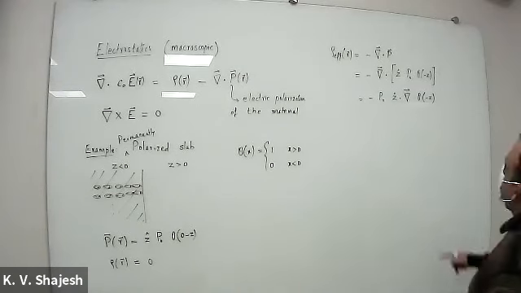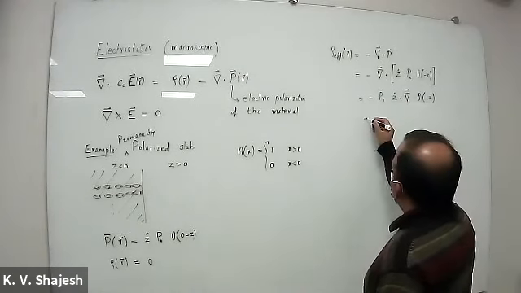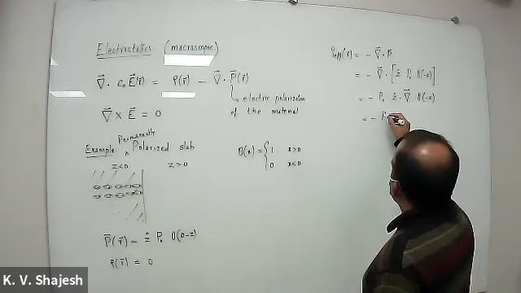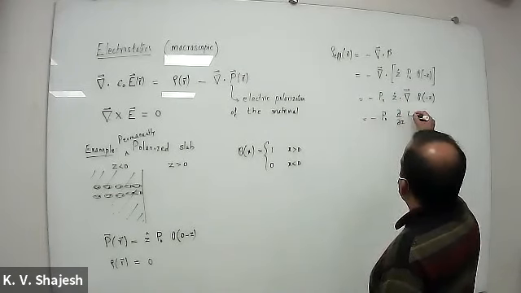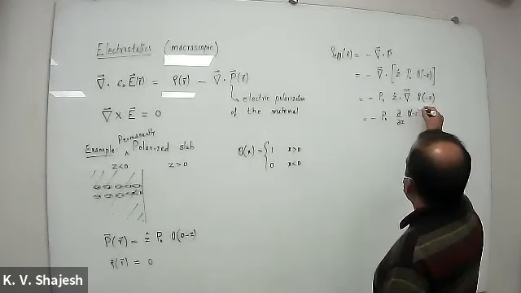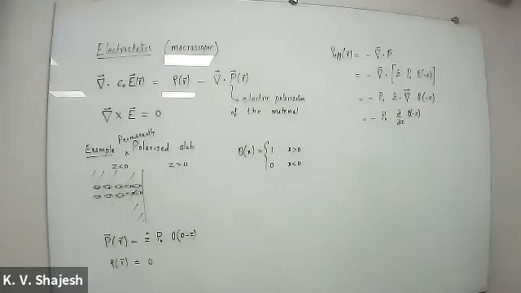Z hat dotted with the gradient operator is nothing but d by dz, so this is minus P naught times d by dz of minus z. And that we know how to do.